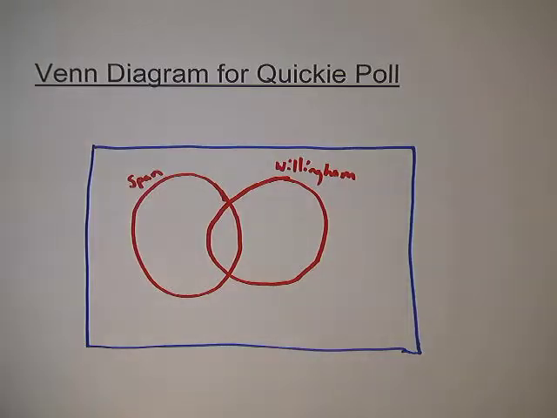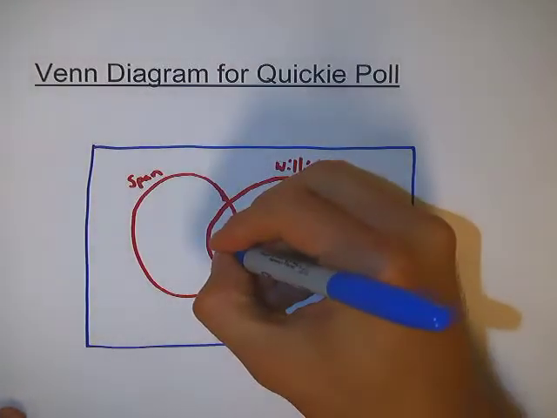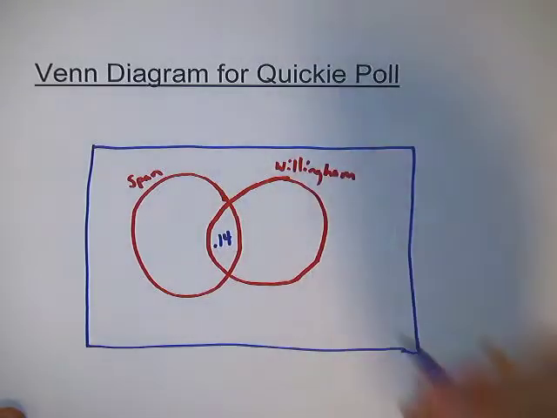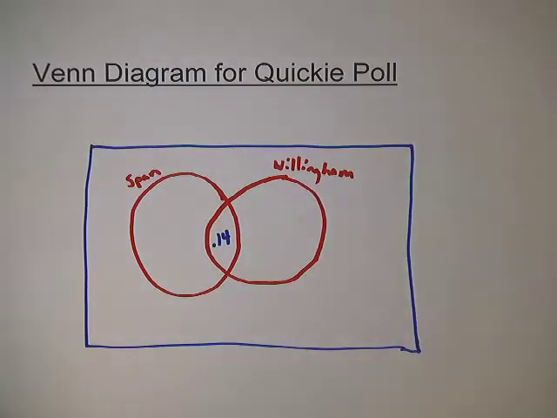Then usually what we do is we put in percentages. The easiest percentage usually to put in is the overlapping percentage. From the data, there were 14% that wanted to trade both Span and Willingham. So I'm going to put 0.14 in the overlapping section here.